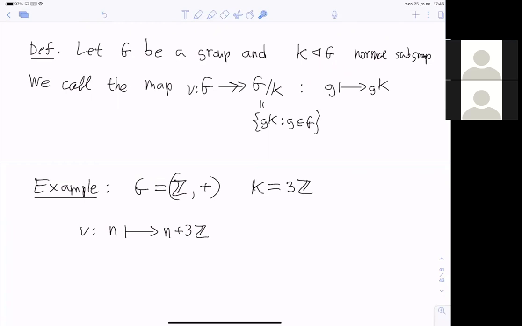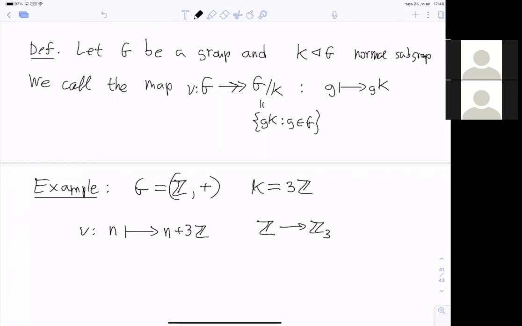You can reach any coset here, because you can take any element of G. So this is the homomorphism from Z to Z3.